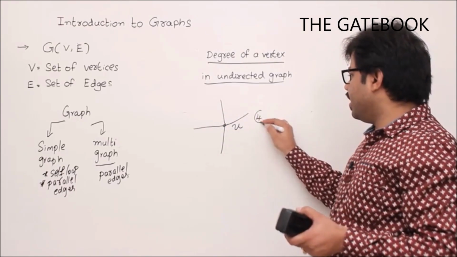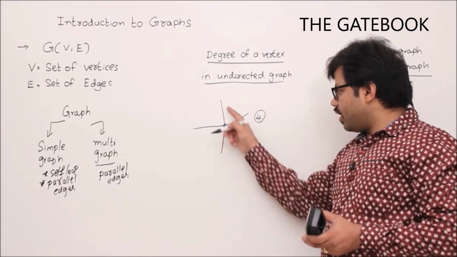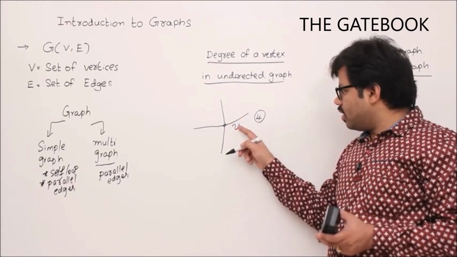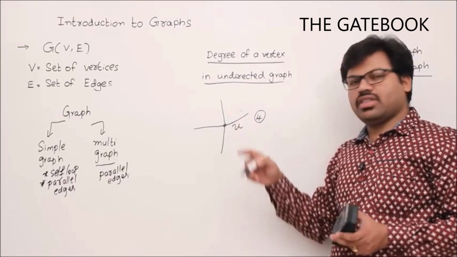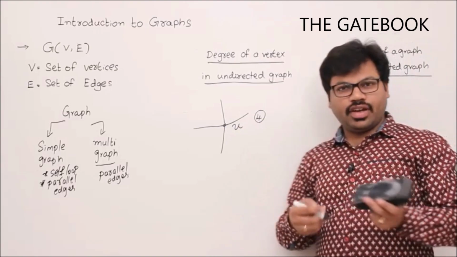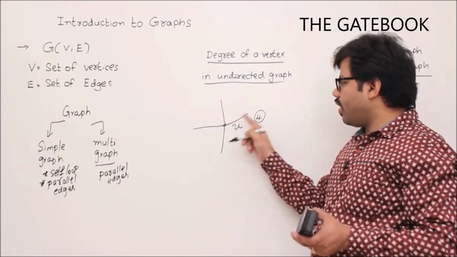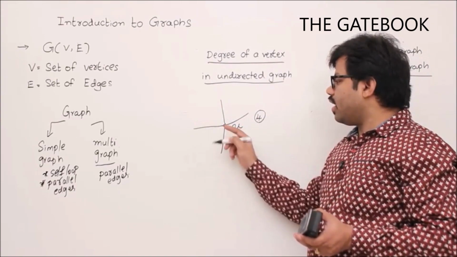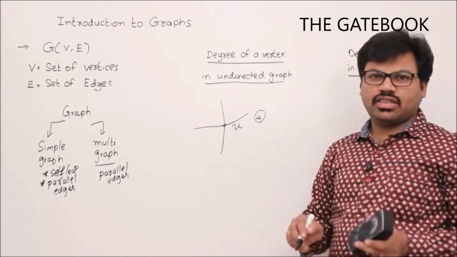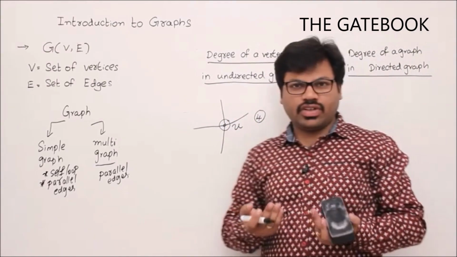It's a number, an integer, and it indicates the number of edges which are associated to it. According to the definition, degree is the number of edges which are incident on a vertex. In an undirected graph, I can define degree as the number of edges incident on that vertex.